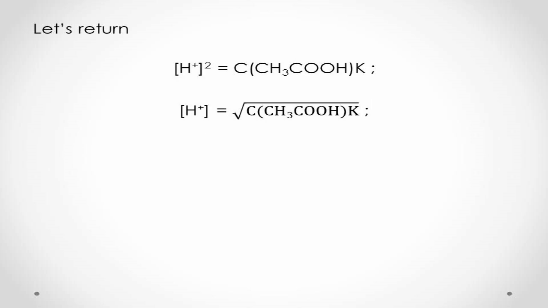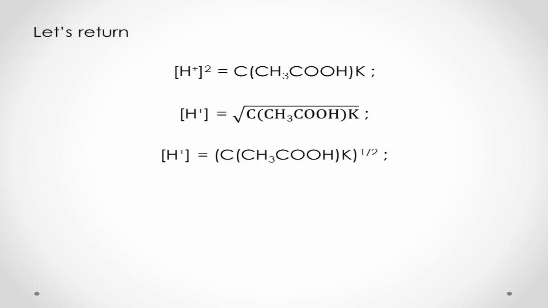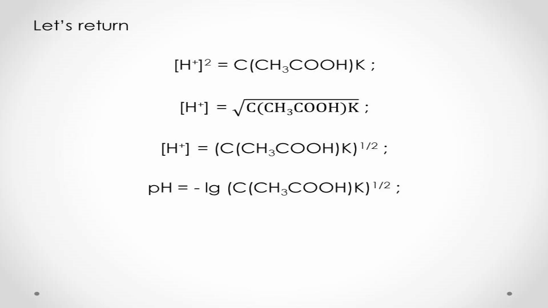Returning to our equation, we substitute the initial concentration and find that the H plus ion concentration is equal to the square root of the product of the acid's concentration and its dissociation constant. As we know, taking the square root is the same as raising to the power of 1/2. Therefore, we rewrite the equation in this manner and take the logarithm of both sides.